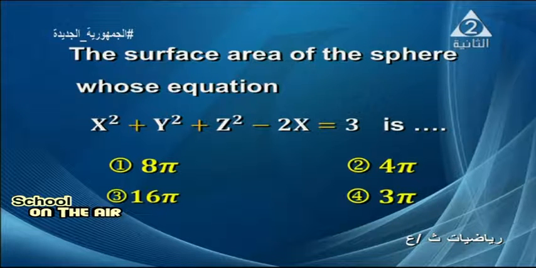But from the equation of a sphere, find the center. What is the center of the sphere? (1, 0, 0). Then find the value of r. It equals 2. Why? Because r equals the square root of L power 2 plus m power 2 plus n power 2 minus d.